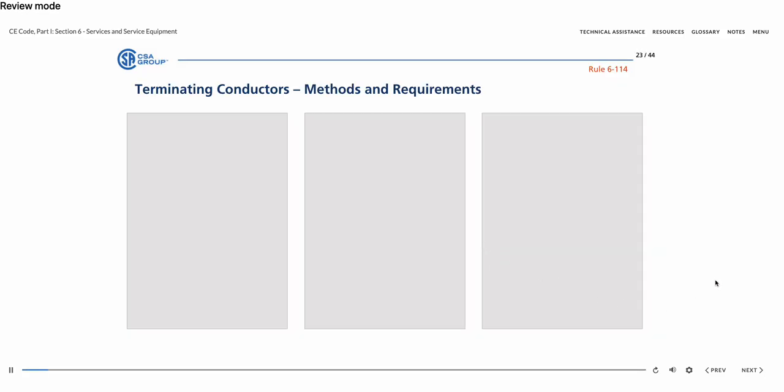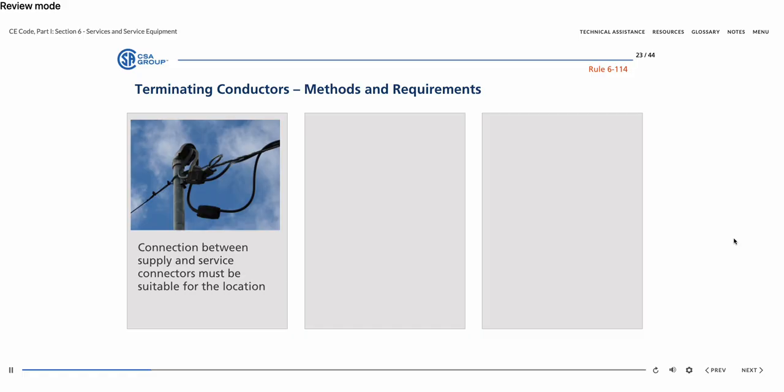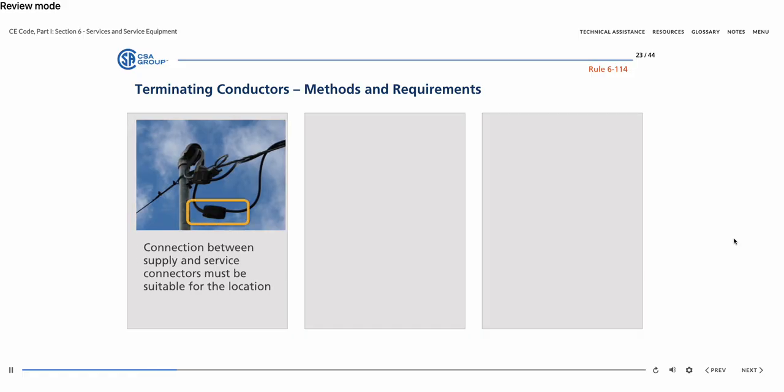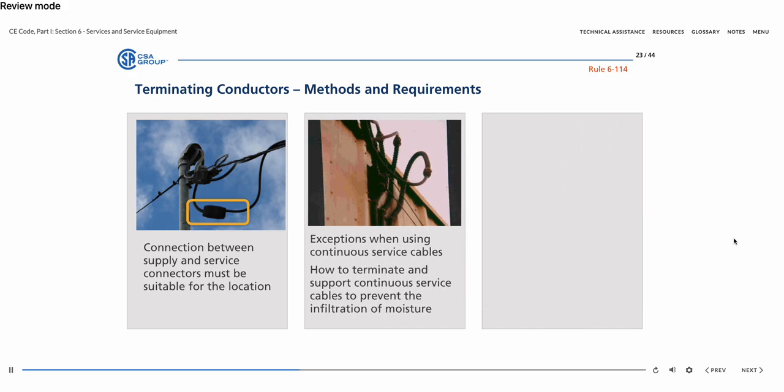Rule 6-114 sets the requirements and methods of terminating conductors or cables at consumer service. The requirements specify: connection between supply and service conductors must be suitable for the location, compression connection. Service heads must be suitable for wet locations. Exceptions from using service heads when continuous service cables are used.